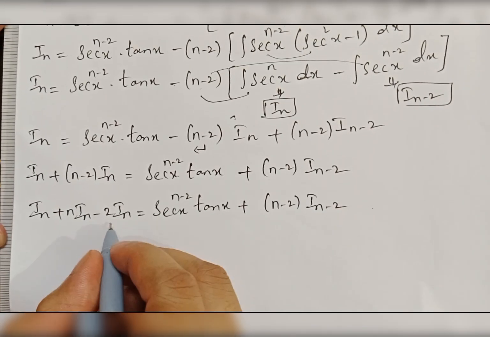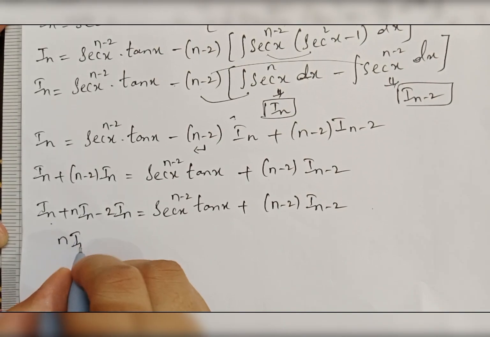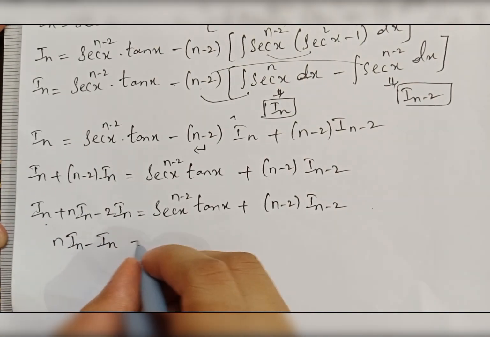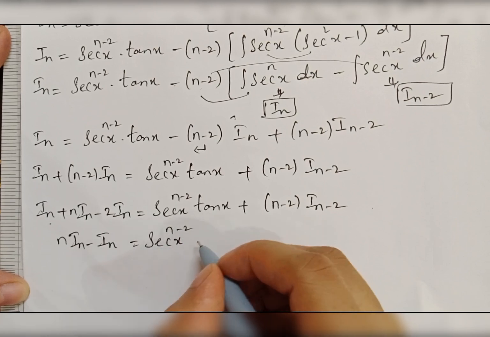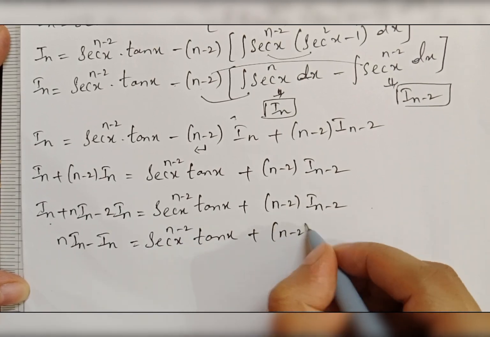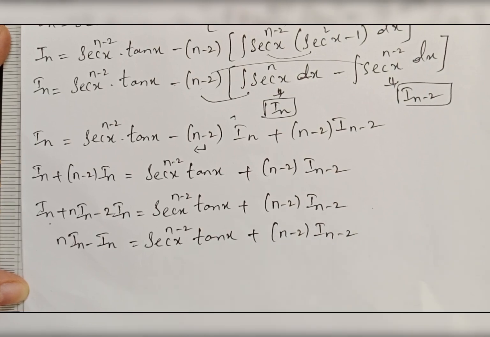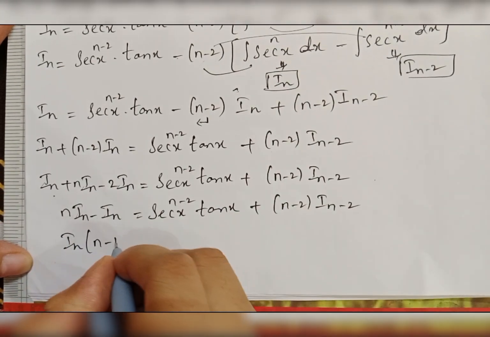Taking I_n common, we are left with n minus 1.